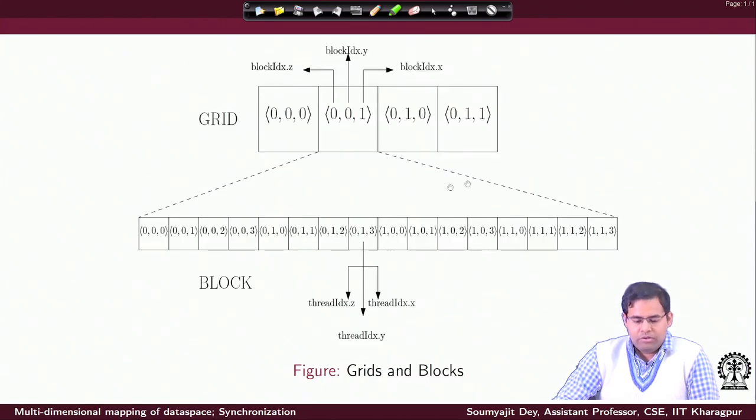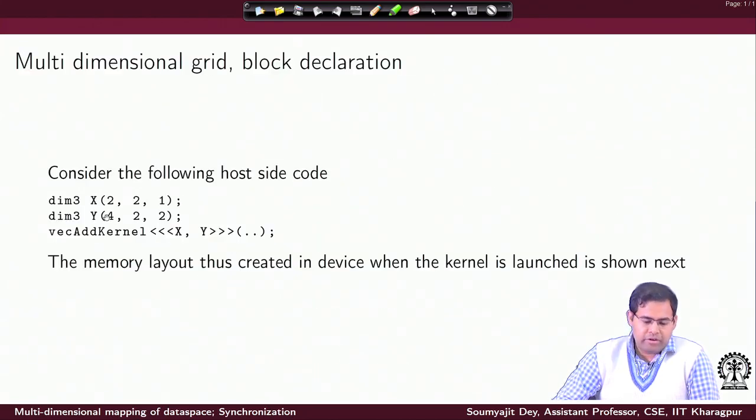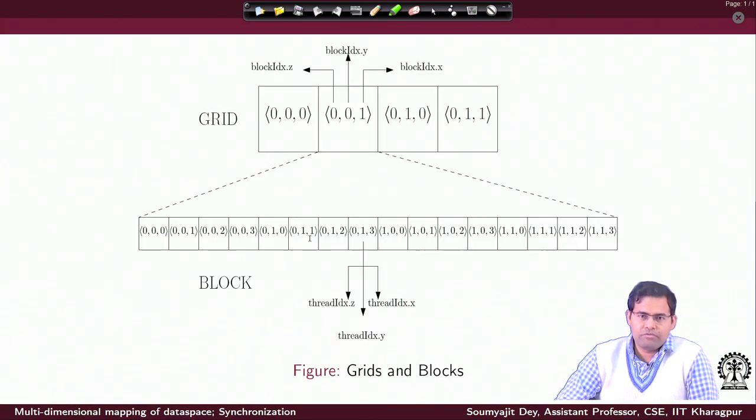How does that work? Well, I am actually having blocks of size 16 here, and overall I have 4 blocks. So the total number of threads that can be packed inside this grid of blocks is 4 times 16, which is 64.